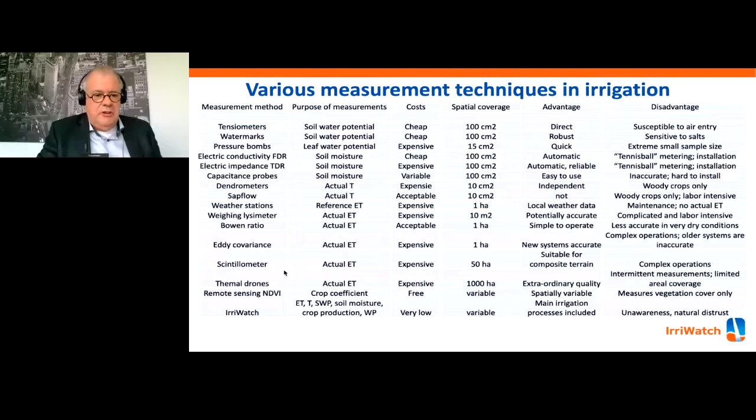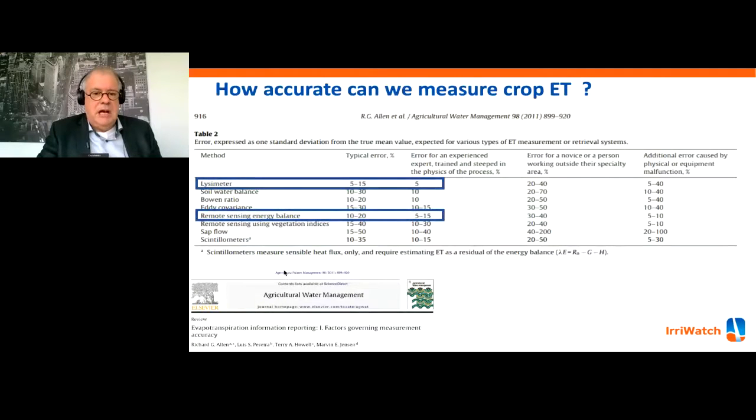The next slide is showing the accuracy. I found this a very interesting paper from Dr. Rick Allen. He's a global expert in agricultural water management. And he compared, for instance, different technologies to measure the crop water use, our ET, evapotranspiration.